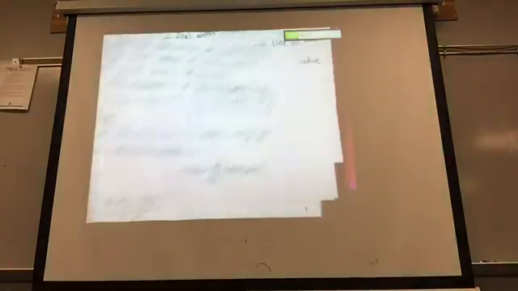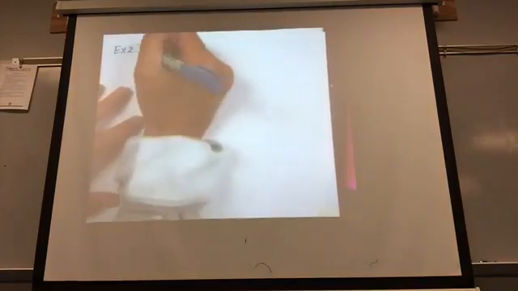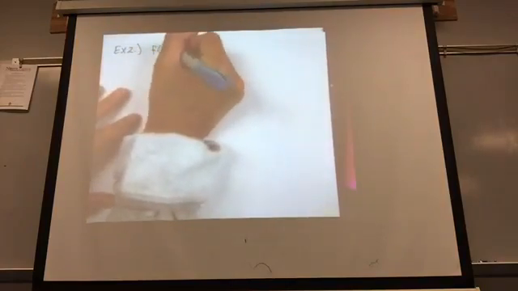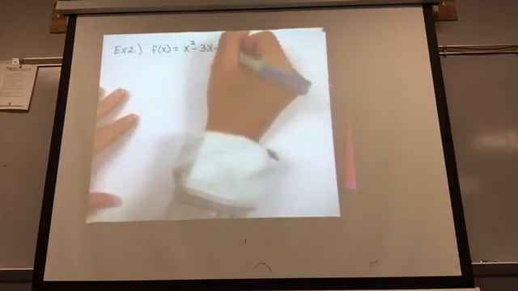So let's do another example. So example number 2. We have f of x equals x squared minus 3x minus 4.